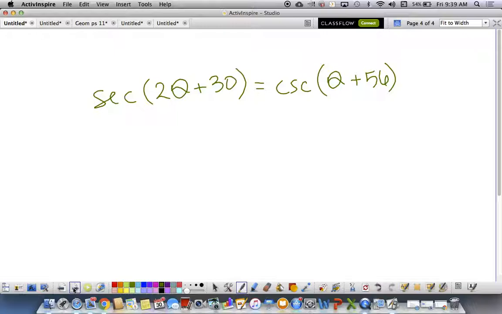So, sine A equals cosine B, or sine A equals cosine of 90 minus A. Okay? What do you know about the angles A and B, or A and 90 minus A?